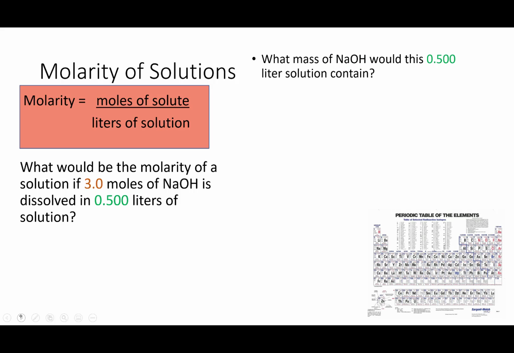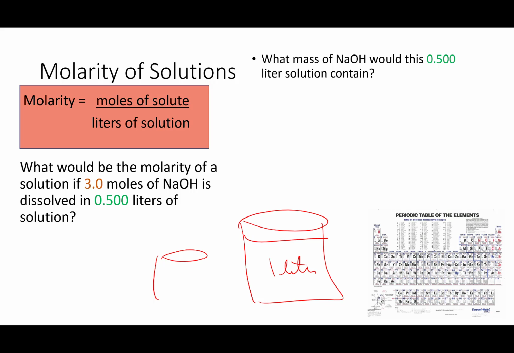All right, let's change this up a little bit. Instead of my 1 liter beaker, let's say I have half that size, a 500 milliliter or half a liter beaker. What is going to be the molarity of my solution? Well, let's go back and use our equation.